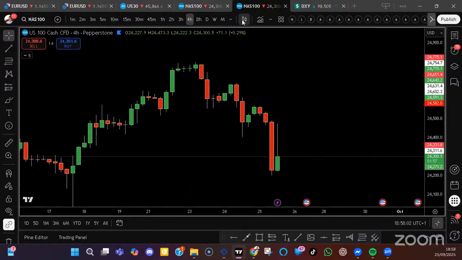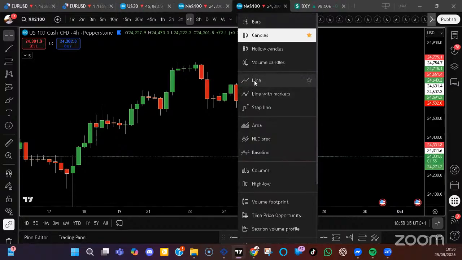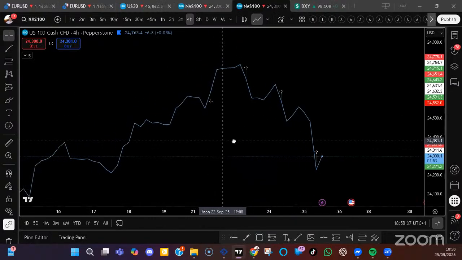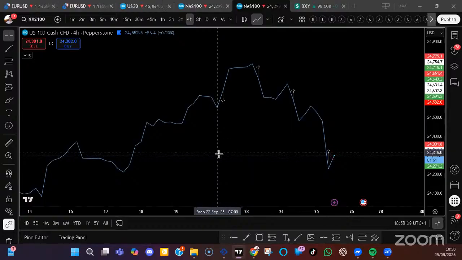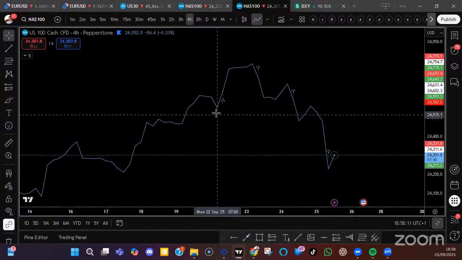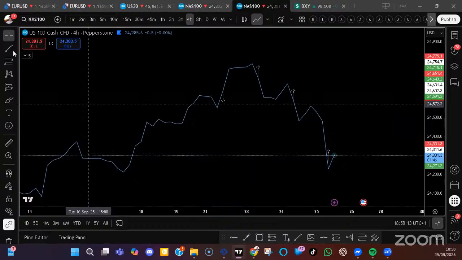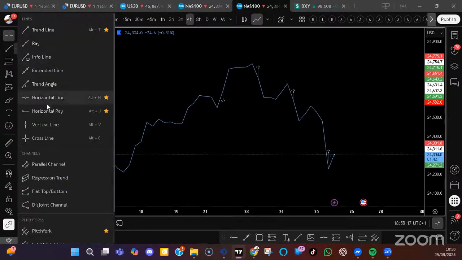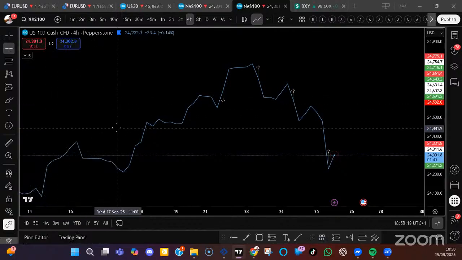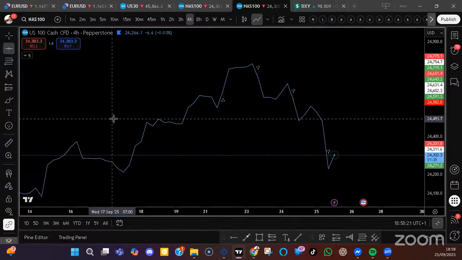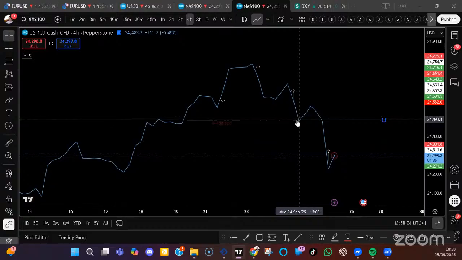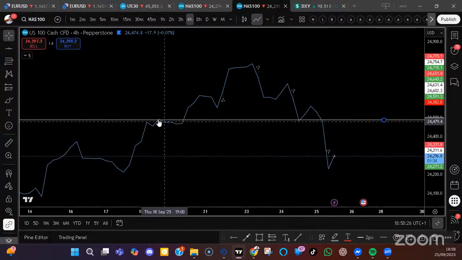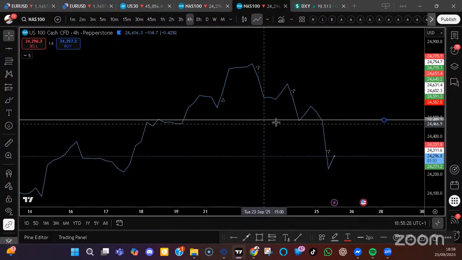But let's put it on the line chart. Have we got any significant lines to show us any areas of interest? Well, just there is an area of interest. We've got the horizontal line. Just there it was support, but there it was resistance.